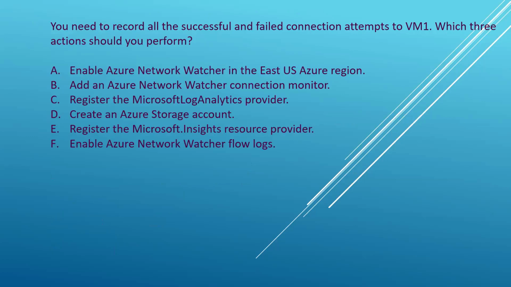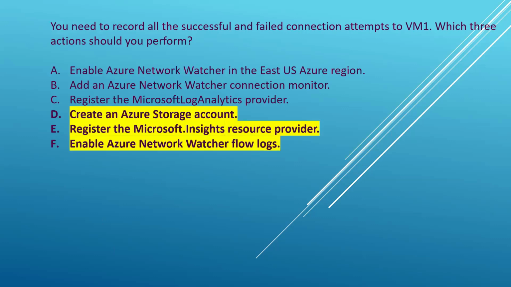You need to record all the successful and failed connection attempts to VM1. Which 3 actions should you perform? And your options are: enable Azure Network Watcher in the East US Azure region, add an Azure Network Watcher connection monitor, register the Microsoft Log Analytics provider, create an Azure storage account, register the Microsoft.Insights resource provider, enable Azure Network Watcher flow logs.